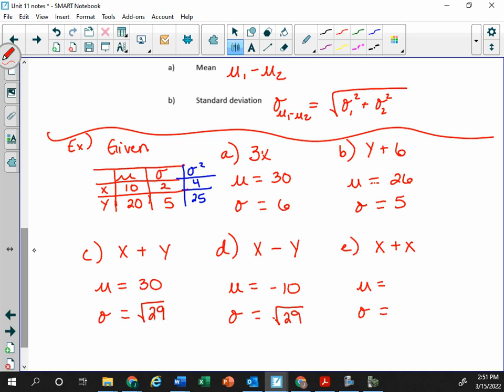We're just doing 10 plus 10. Sigma. It is the square root of 8, which is 2 root 2, because you actually have 4 and another 4. Give me the decimal, I don't care.